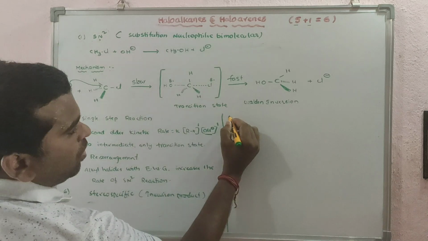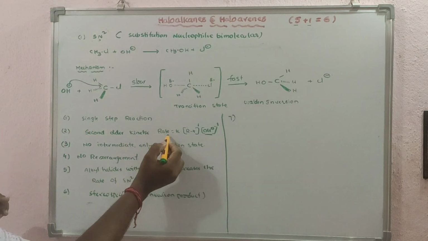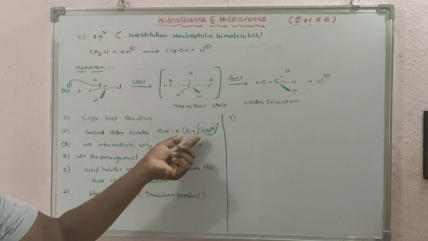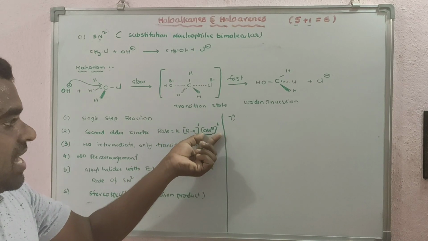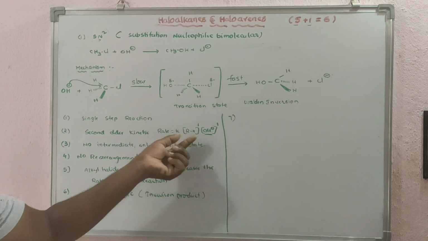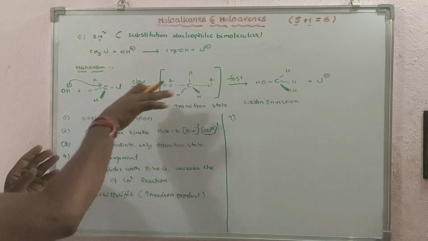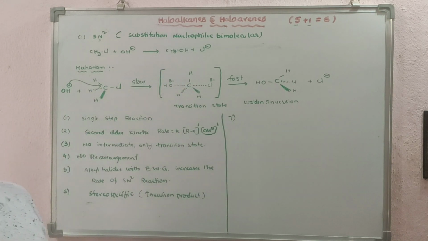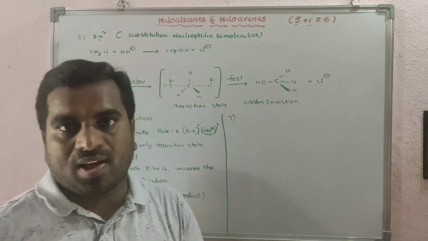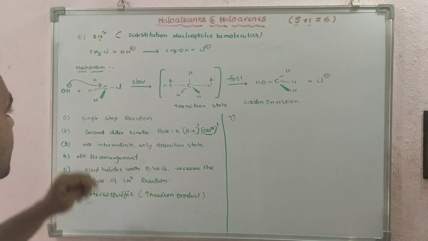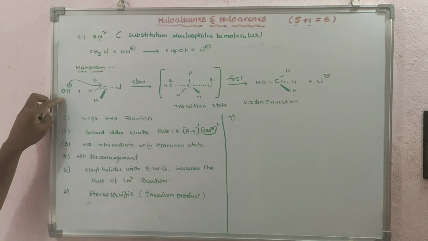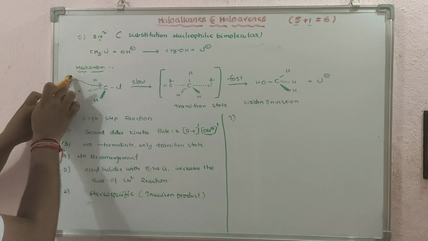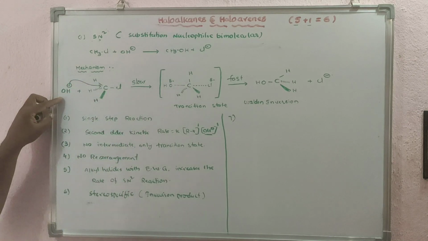Now we have to discuss the next point. I already mentioned the rate of reaction depends upon the alkyl halide concentration and OH minus ion concentration. So which alkyl halides increase the SN2 reaction? We know primary alkyl halides, secondary alkyl halides and tertiary alkyl halides. You know that in the mechanism, the nucleophile attack takes place from the back side.